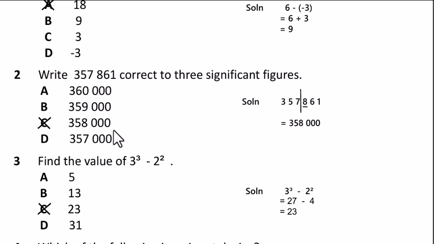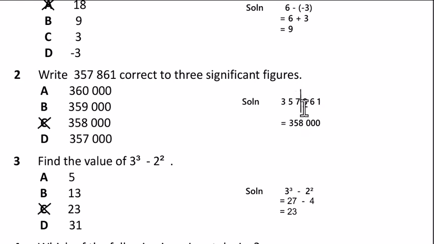Write 357,881 correct to 3 significant figures. How are we going to correct this to 3 significant figures? So we have 3, 5, 7. We round off since they have told us to 3 significant figures.